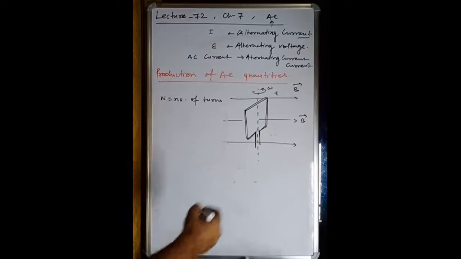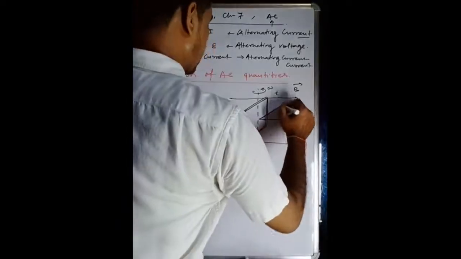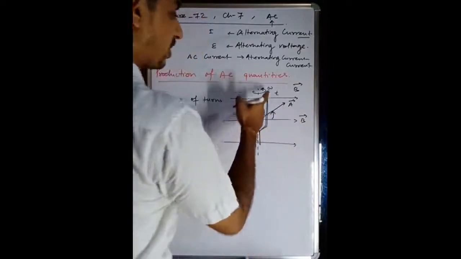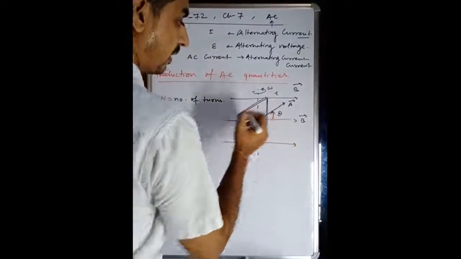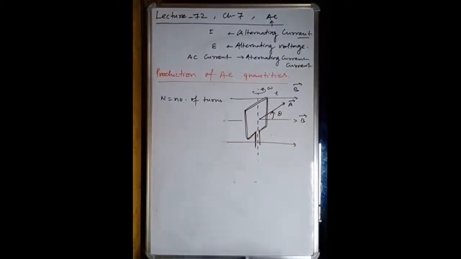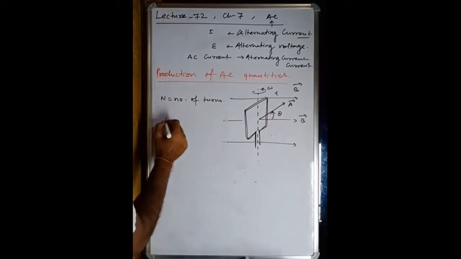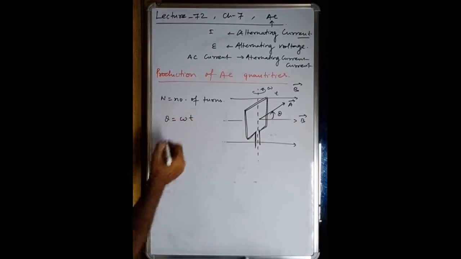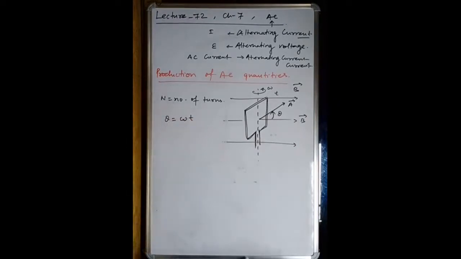Look here. If the area vector rotated in this time t seconds by an angle theta, we can write that theta is the angular shift, that is the displacement, which is nothing but omega into t. What is this omega, my dear students?